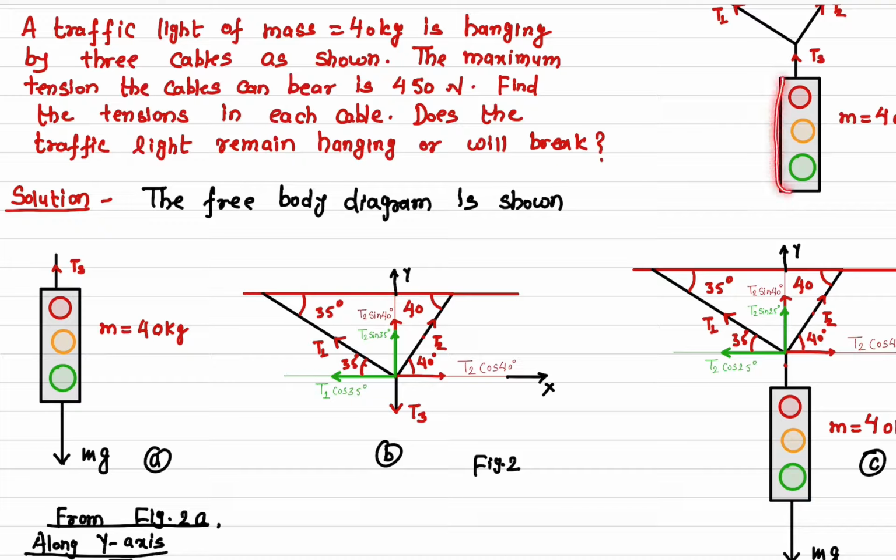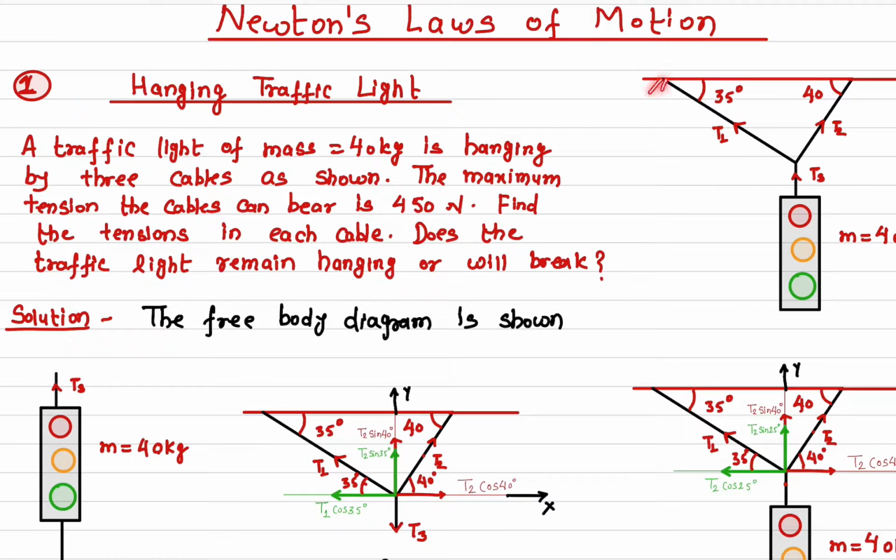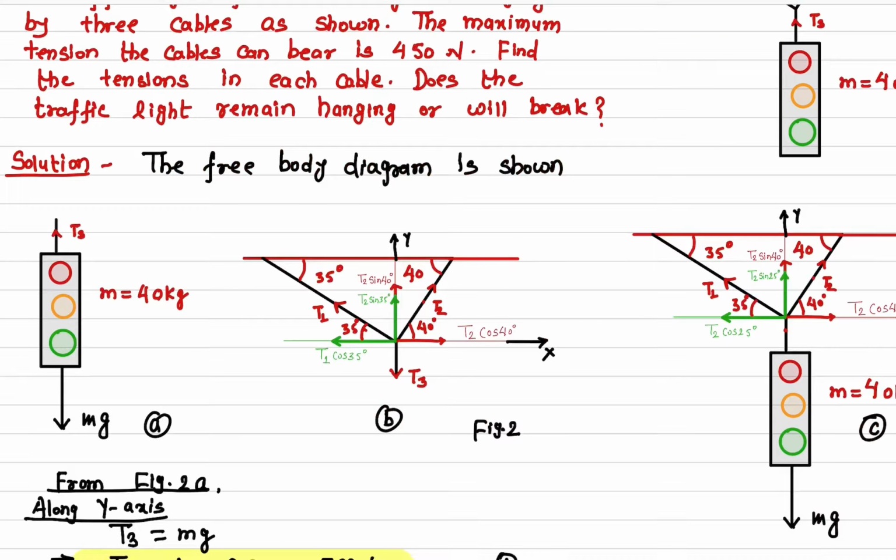If I just look at this weight, this cable is upward. But at the same time, if you look at the ceiling here, this cable is also pulling downward. And that's the reason we have chosen the tension T3 acting downward, and the T2 here is upward in this direction, not directly upward but at an angle.